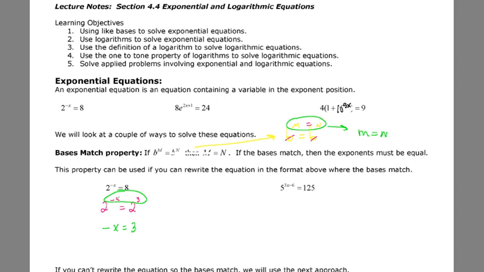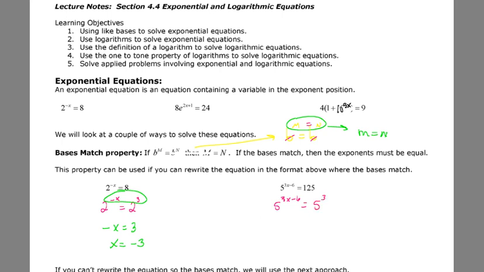The negative x in the exponent position must be equal to the 3, which is a simple equation to solve. Solving it for x, we get x equals negative 3. It's the easiest type of exponential equation to solve. Same thing over here. I see that the 125 and the 5 have a relationship where 125 can be written as 5 cubed.